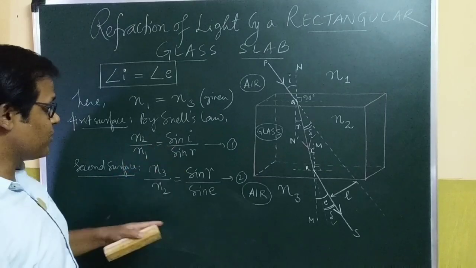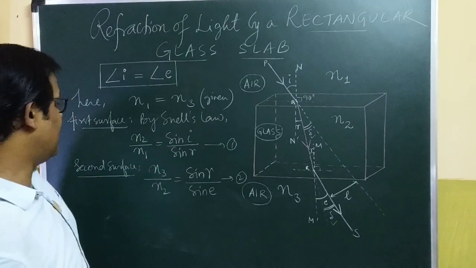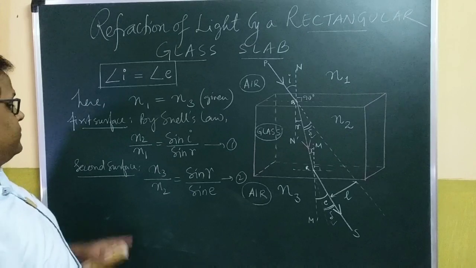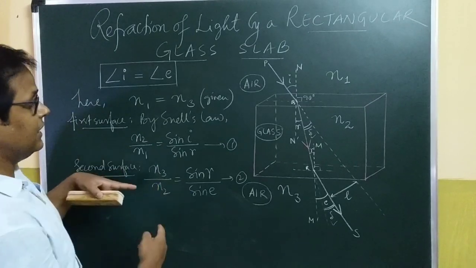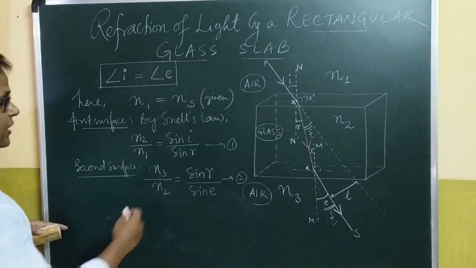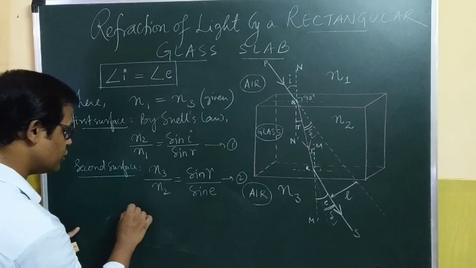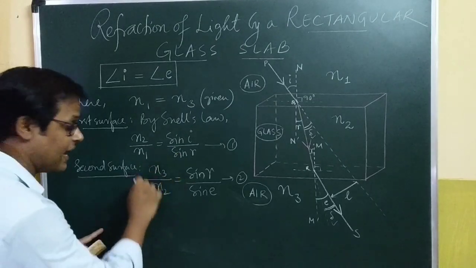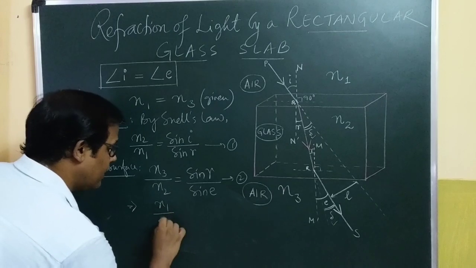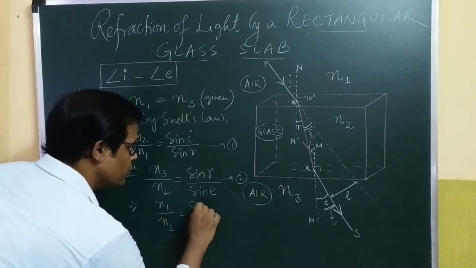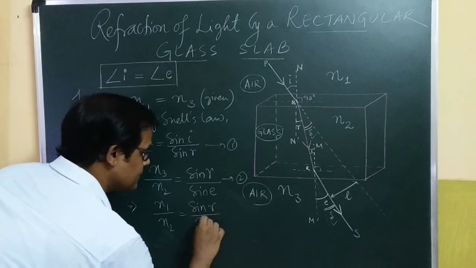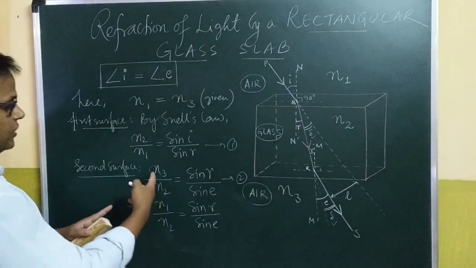Is that all right? So from this situation, I can see what we can write here. Since N1 and N3 are exactly equal to each other, from equation 2, if I replace this N3 by N1, I find N1 by N2 is equal to sine R by sine of E. We can do that, okay?